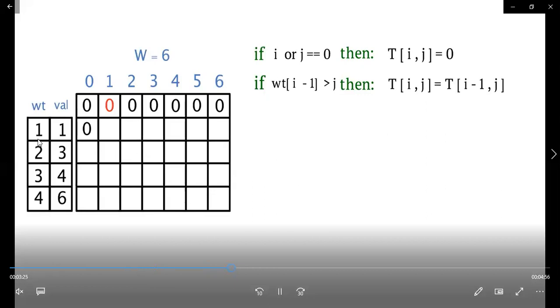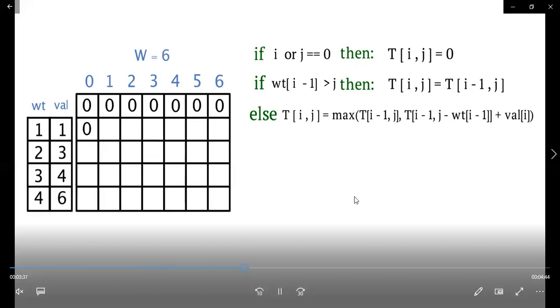So whatever value was taken for 0 comma 1, you will be taking it as it is. If I want to calculate the value of 1 comma 1, it will be as it is. Else, you will be finding the maximum among the two. Clear?